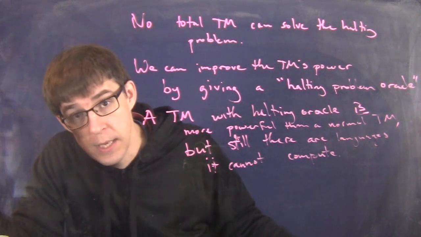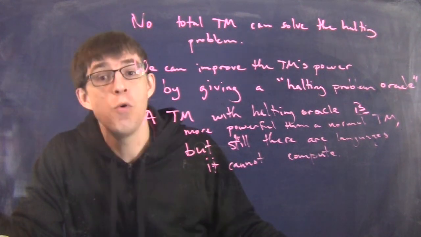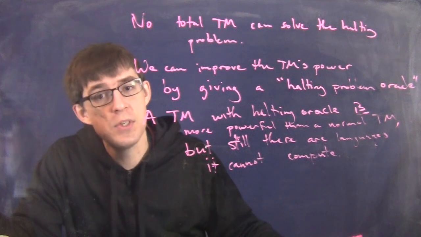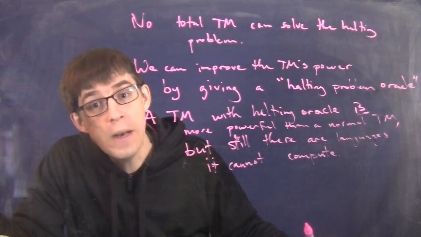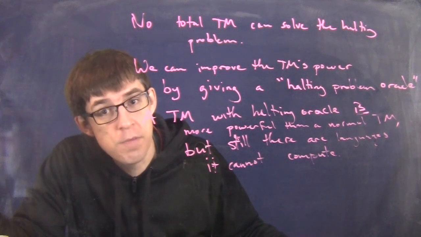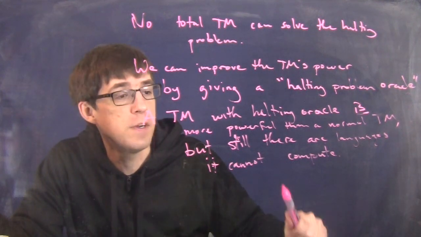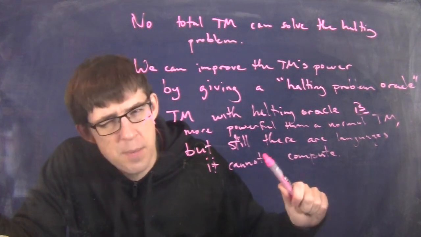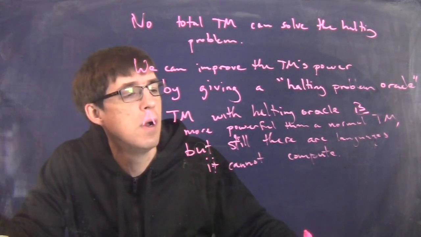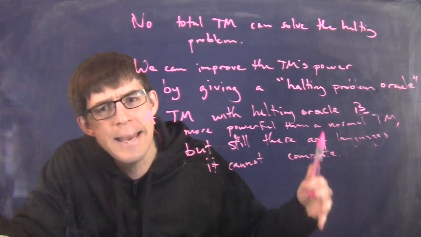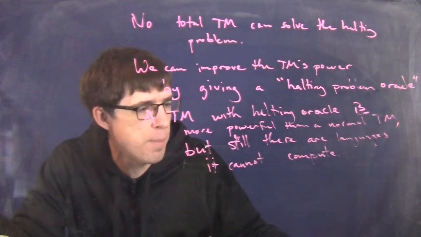Here's a question. If I have a Turing machine with a halting oracle, there's some other weird language that that machine cannot compute, if you believe what I said before. Okay then, why don't you give it another oracle for that other weird thing? If a Turing machine with halting oracle still has some other problem that it can't solve, all right then, give it that oracle too. Can we just add in more magical powers one by one?